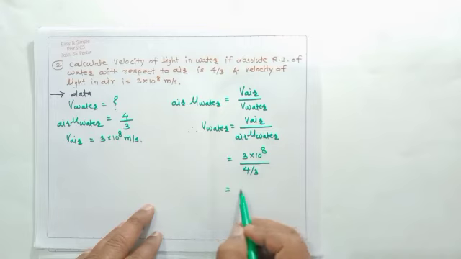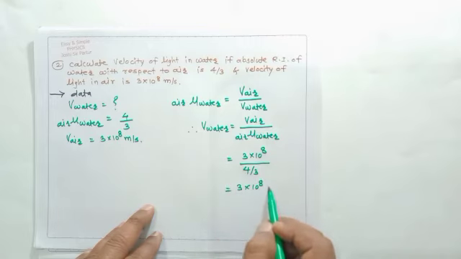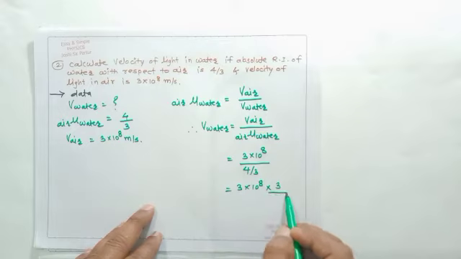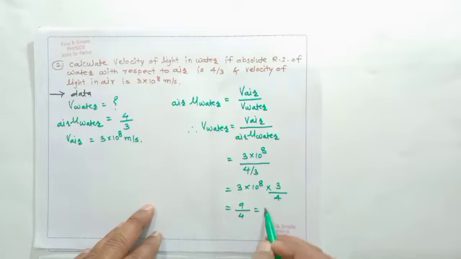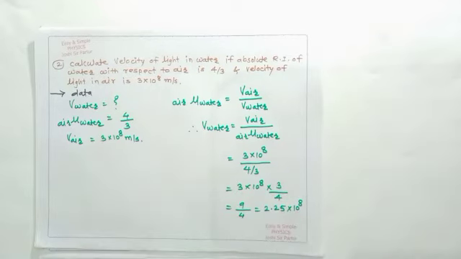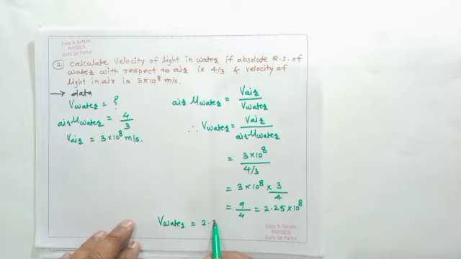That will be written as 3 into 10 raised to 8 multiplied by 3 upon 4. So here if we multiply 3 into 3, it will be 9 upon 4, and that is 2.25 into 10 to the power 8. So velocity of light in water will be 2.25 into 10 to the power 8 meter per second.